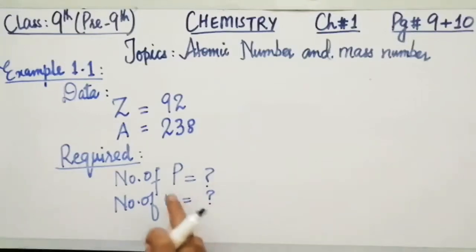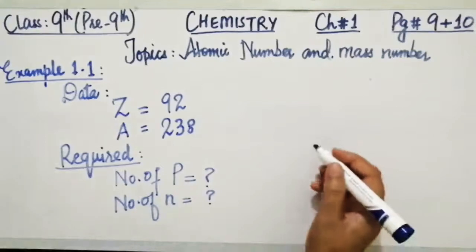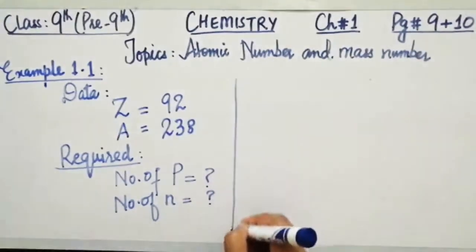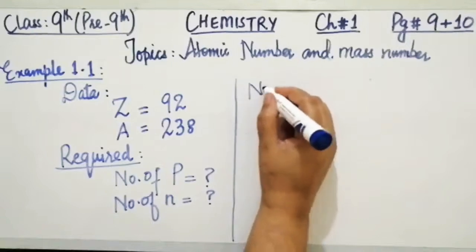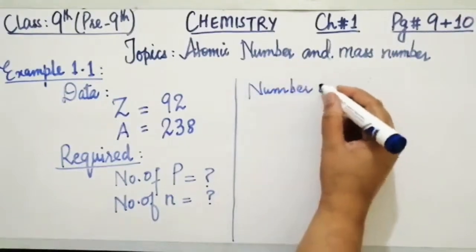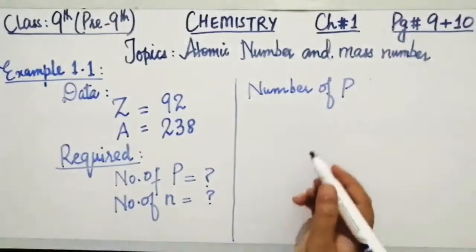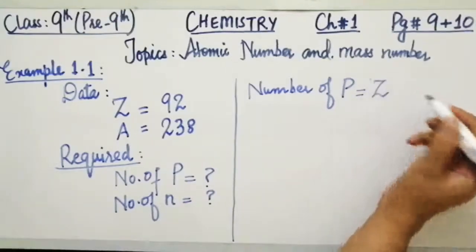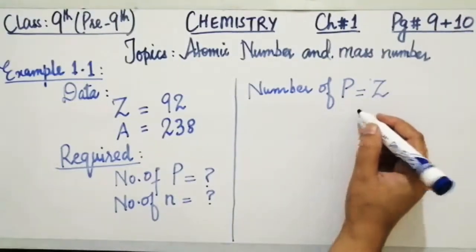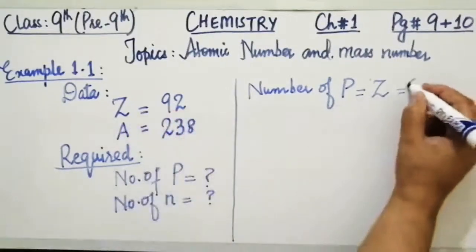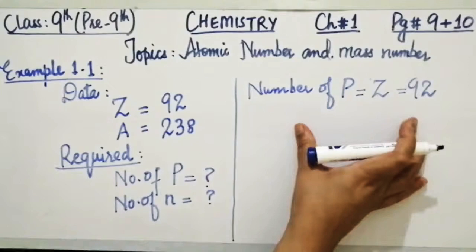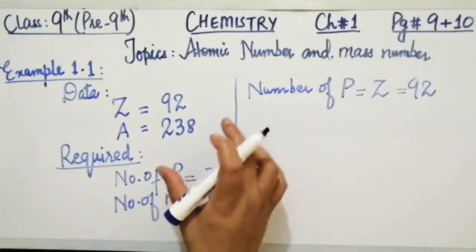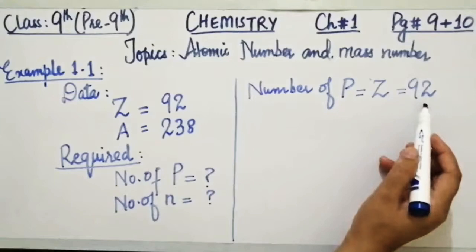So in this case you have to find out the number of protons P and the number of neutrons N. It is very easy to find out the number of protons. Why? Because the number of protons is equal to the atomic number. So what will be the number of protons in this case? It will be 92. Here comes our first answer. The number of protons in this atom or element is 92.